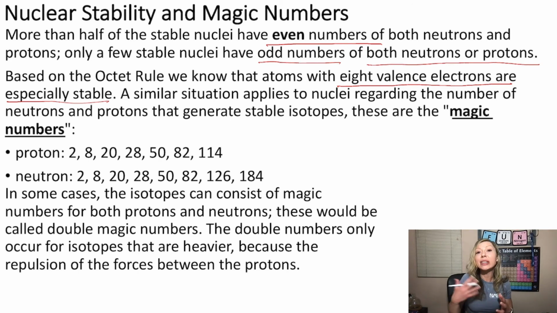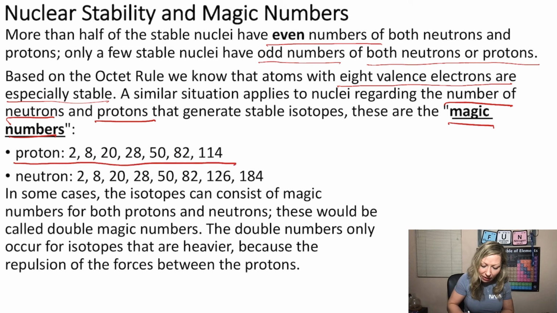A similar situation applies to nuclei regarding the number of neutrons and protons that generate stable isotopes. These are called magic numbers. As you can see, the numbers are shown here for protons and here for neutrons. These are all even numbers: 2, 8, 20, 28, 50, and so on.